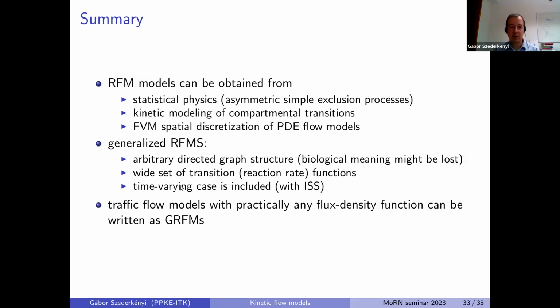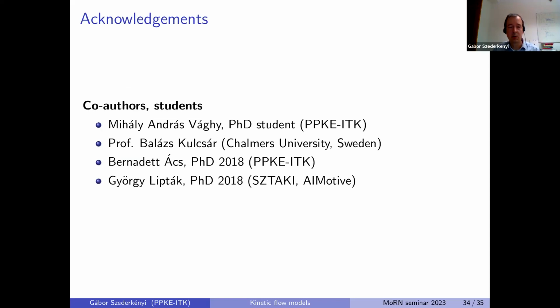We generalized ribosome flow models in several respects, and possibly they lose biological meaning because of the generalization. And we also showed that traffic flow models with practically any flux density function can be written as generalized ribosome flow models.